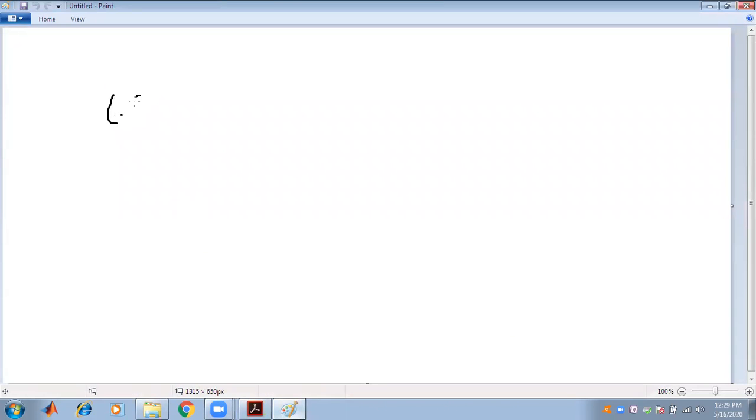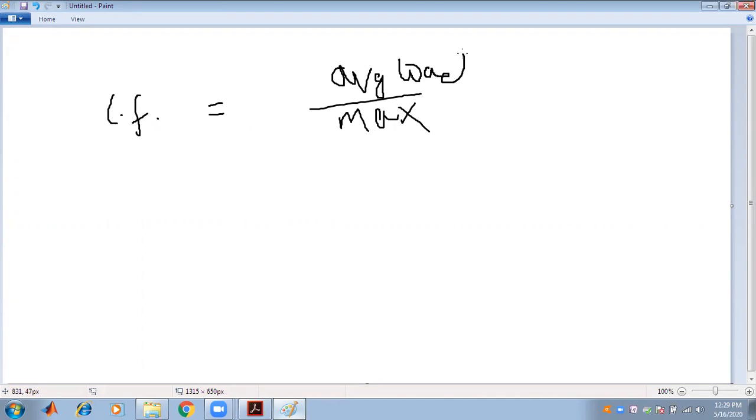Load factor is generally known to us. Load factor equals average load by maximum load. This is the relation of the load factor.